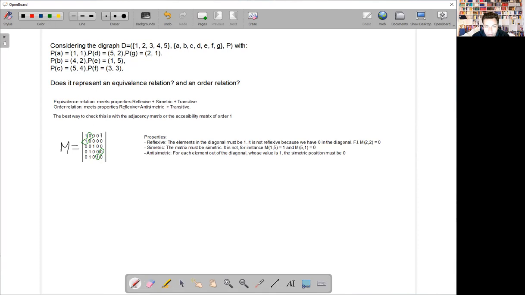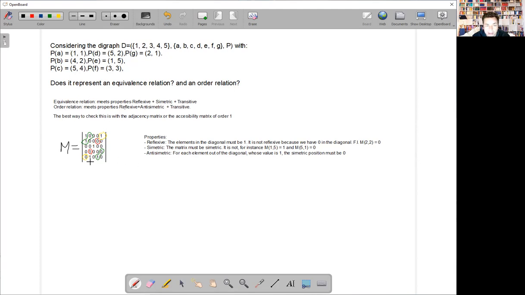So for this one, we have a 0 in the symmetric position, right? Let's mark it in a different color. For this one, which is in the position 4, 2, we go to 2, 4, and this element is also a 0.